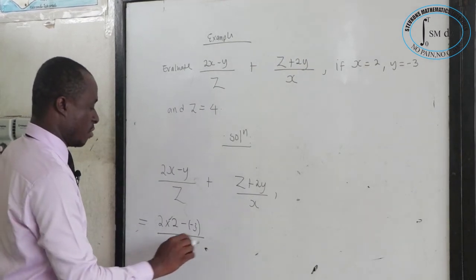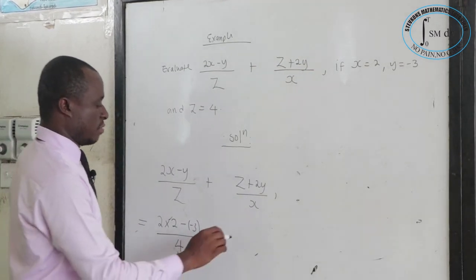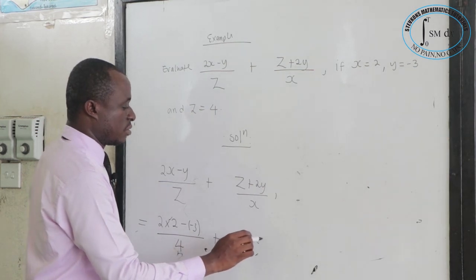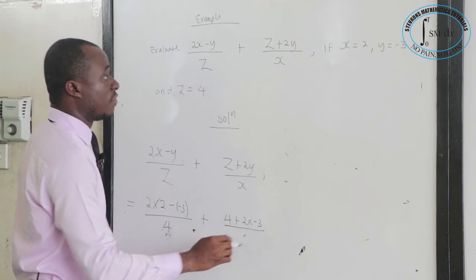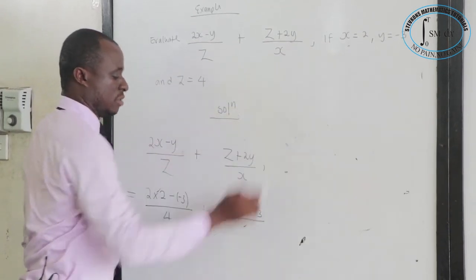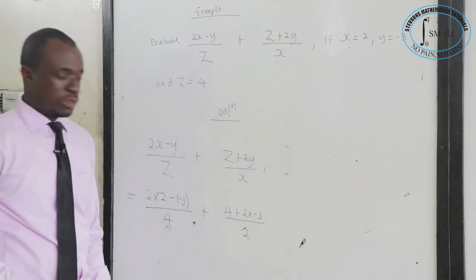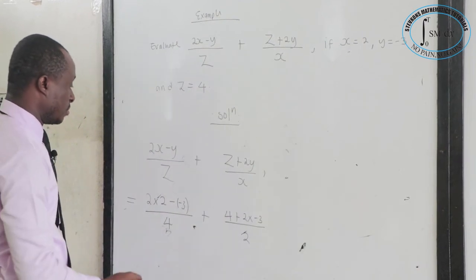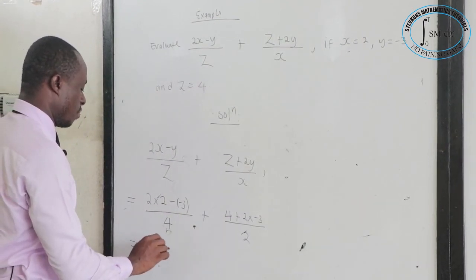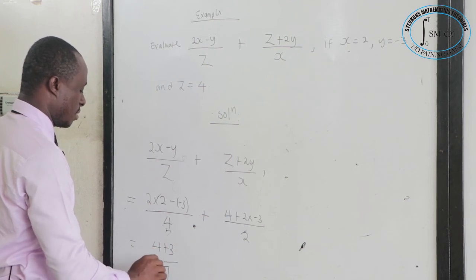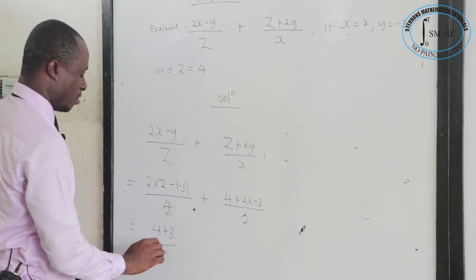Z is 4. Plus z. We have 4 plus 2. What is y? Y is negative 3. All over x. Our x is 2. So make sure that you substitute the 2 over there. Now, what is 2 times 2? That is 4. Plus 3. All over 4.